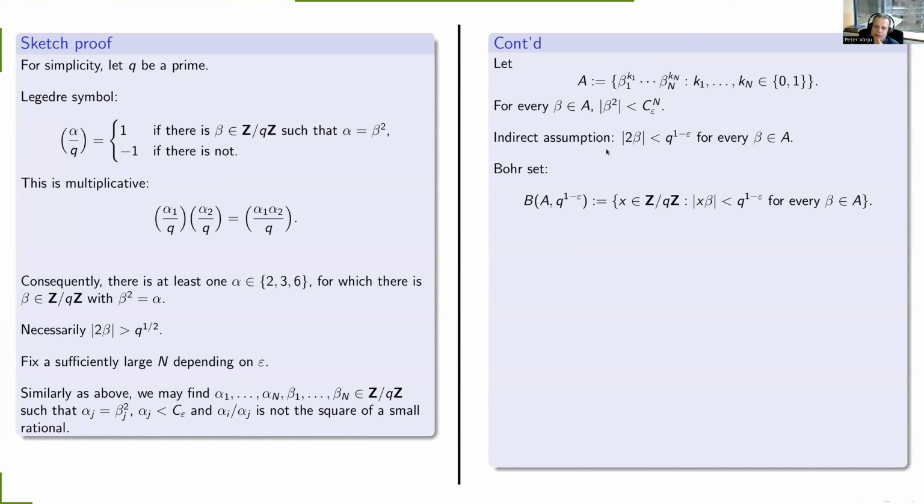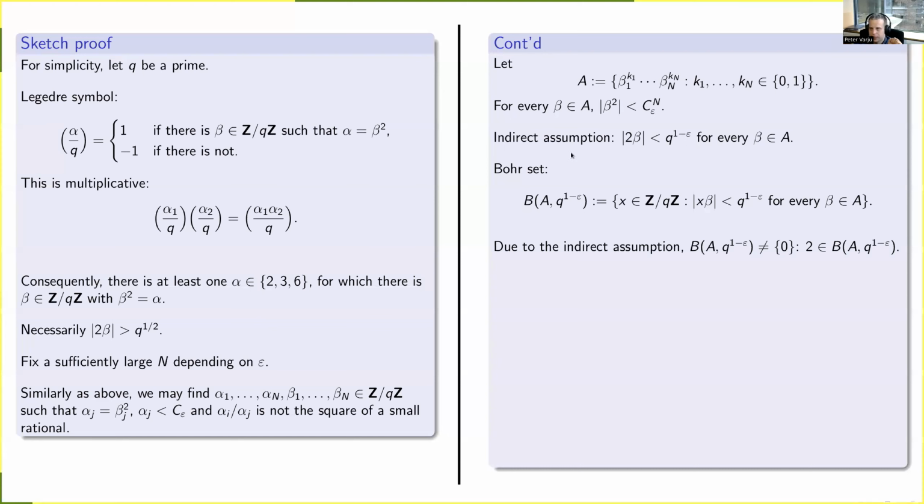And I consider what is called a Bohr set, which is just defined as the set of residues x, which has the property that x times beta is smaller than q to the 1 minus epsilon for every choice of the beta in the set A. And what my indirect assumption says is that this set is not trivial. 0 is not the only element in this set, because 2 is also contained in it.